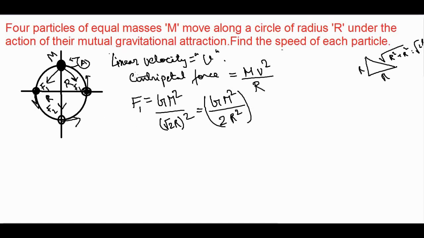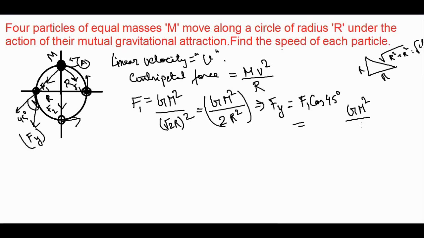Now this force is acting in this direction, but what I need is the y component of this force. The y component is Fy is equal to F1 times cosine 45 degree, because this angle is 45 degree. F1 is G m square by 2 r square, and cos 45 degree is 1 by root 2.